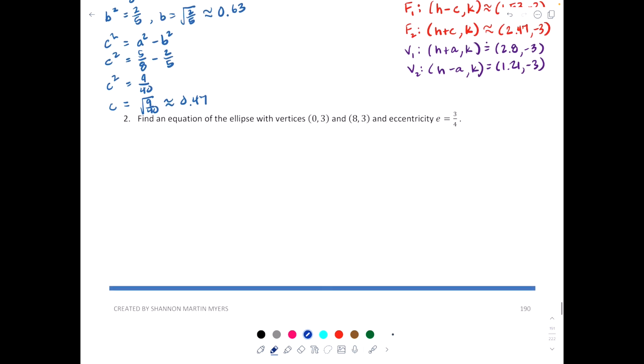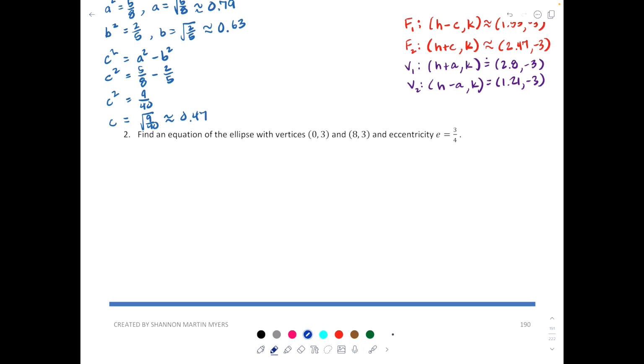Now we are tasked with finding an equation of the ellipse with vertices (0, 3) and (8, 3), and eccentricity E equals 3/4. So what do we know? We know that the shift is on the x's or the y's? Beautiful, the x's. And so we've been given information. The eccentricity deals with C and A, right?